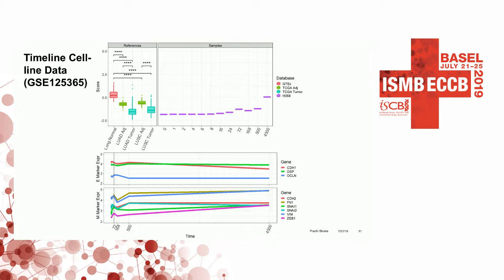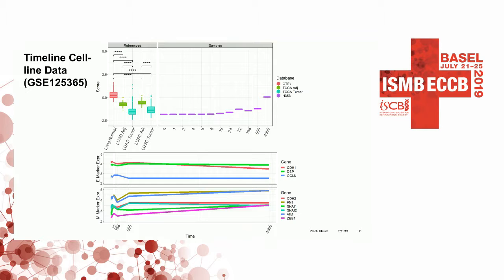Another study that the same paper did is a time course, where they looked at samples at different time points. What we did here was plot common transcription factors or epithelial and mesenchymal markers to see if our score does correlate with their expression. If you look notably at time point 72, there's a small blip.